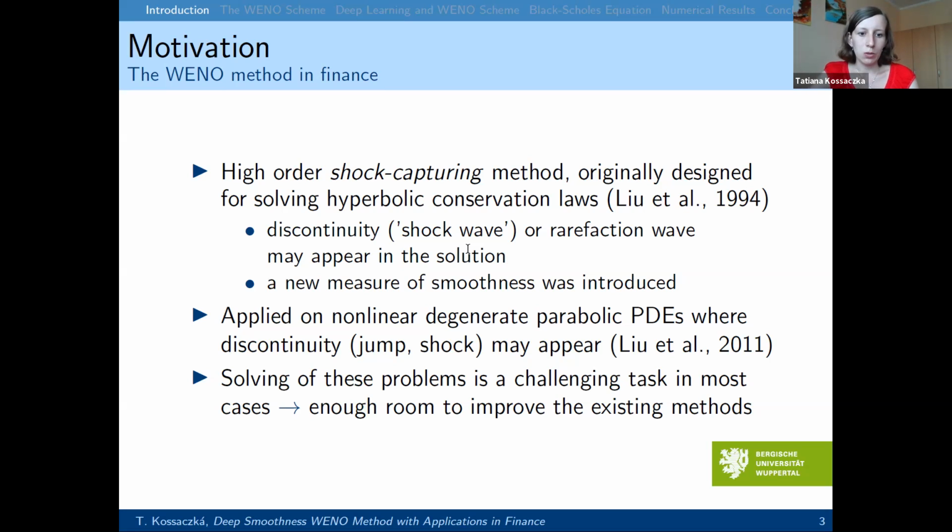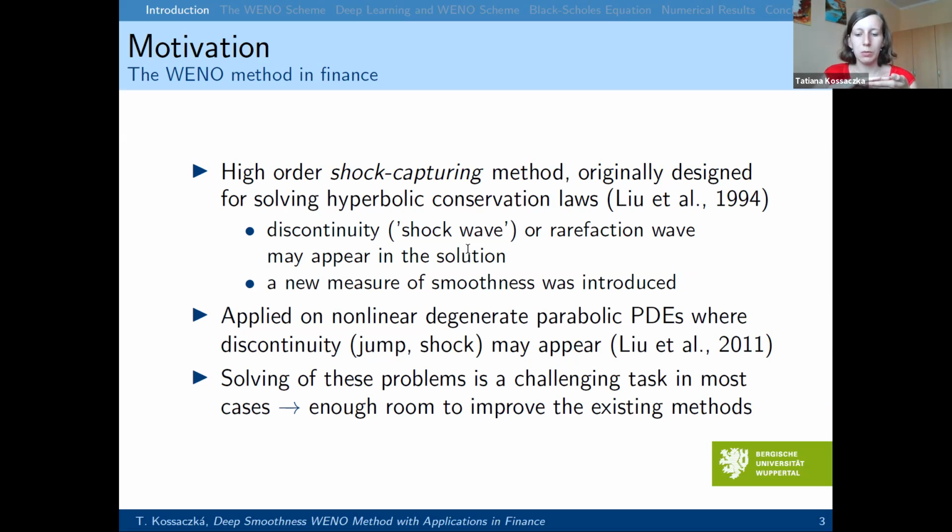And I would say at the beginning that my approach is different to that of Lorenc, because I'm not searching for the solution using deep learning, but I'm just improving the existing method.